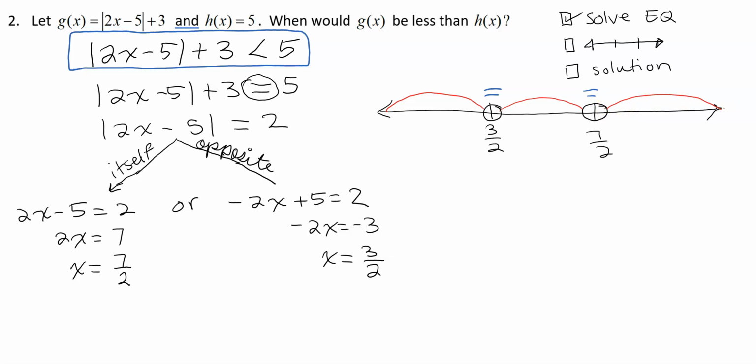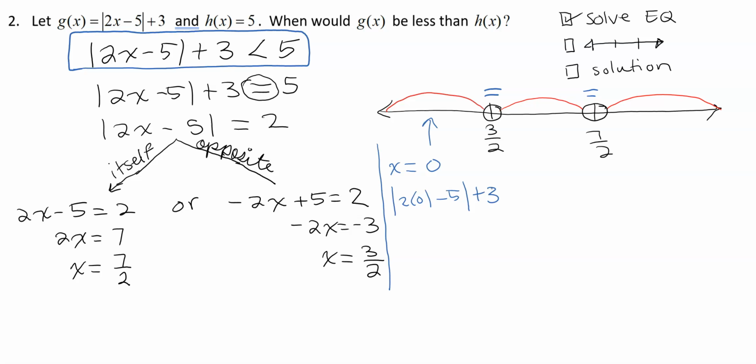We really don't know where it might lie, so we will pick some points and test them. For example, pick a number to the left of 3 over 2. A really good number to pick there is x equals 0, right? 0 is to the left of 1.5. So when x is 0, you will have the absolute value of 2 times 0 minus 5, plus 3.